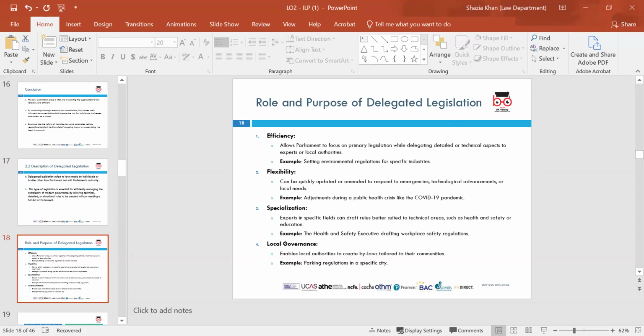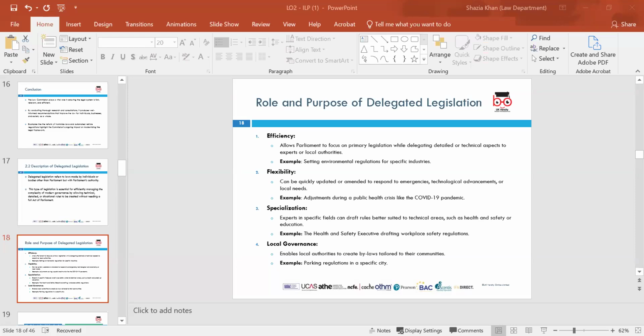Role and purpose of delegated legislation. Modern governance requires a large amount of legislation, which may often be technical and need speedy amendment or regular updating. Parliament does not have the time or capacity to legislate at the scale, pace, or level of technical detail needed.